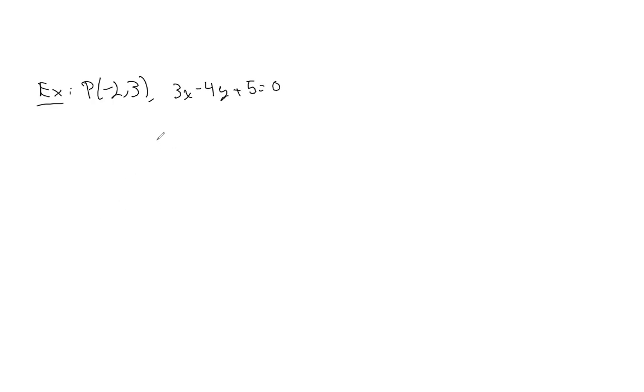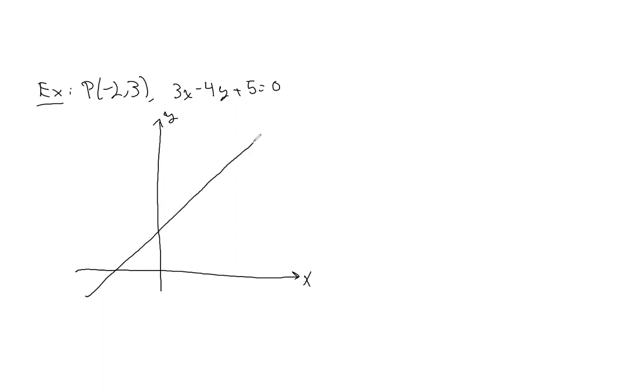If you actually draw that out, it ends up looking something like this. So here are your x and y axes, and you've got the line in question. And the slope, by the way, is going to be 3/4.